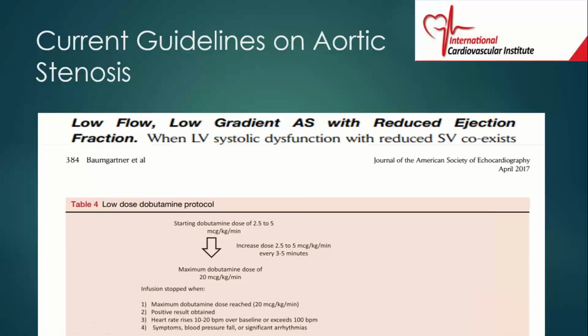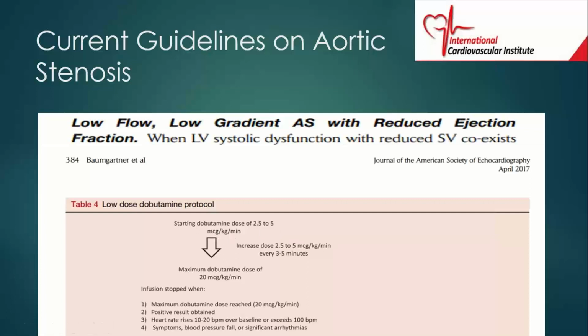So when we do our dobutamine stress test, what is the aim? What is the goal? What are we trying to achieve? This is how you do the dobutamine stress test. Okay, so you're going to start your dobutamine at about 2.5 to 5 micrograms per kilogram per minute.